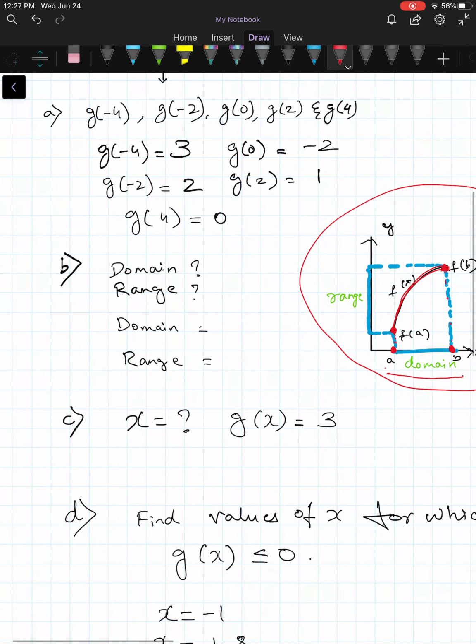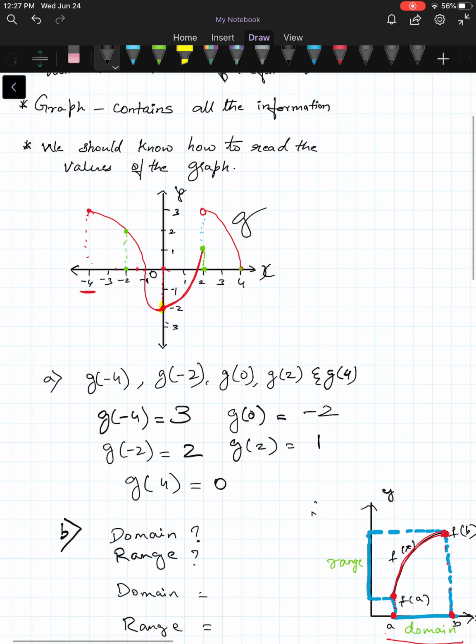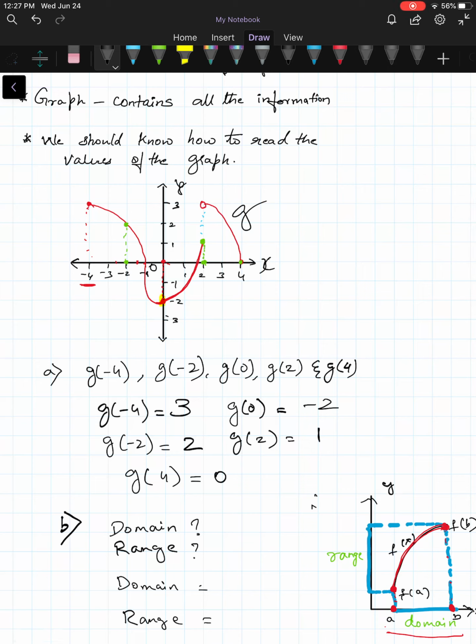Okay, so now if we are asked to find out the domain and range of the function for the given function that is here, from where to where is the function taking the input values?